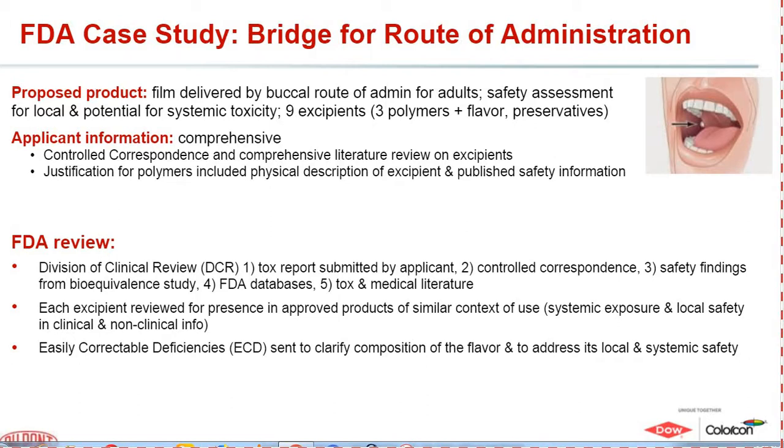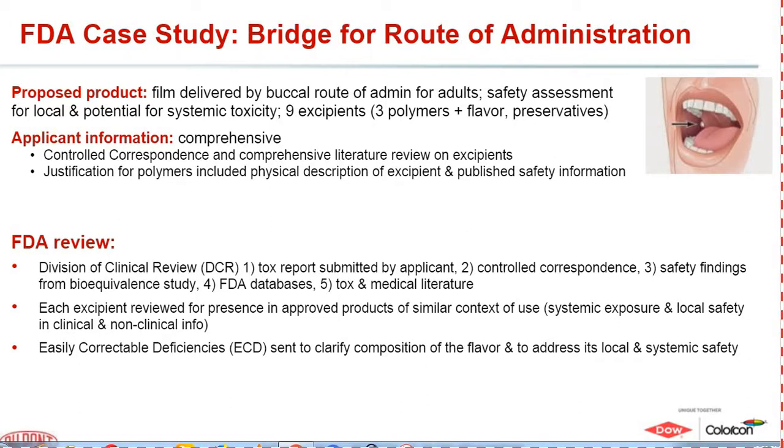When the FDA reviewed the information, they looked at things like the tox report, the controlled correspondence, and safety findings from a bioequivalence study. They looked at their own database information, as well as toxicology and other medical literature, which were all provided by the sponsor. And each excipient was reviewed for its presence in approved drug products of similar context of use that included systemic exposure and local safety in clinical and non-clinical information.